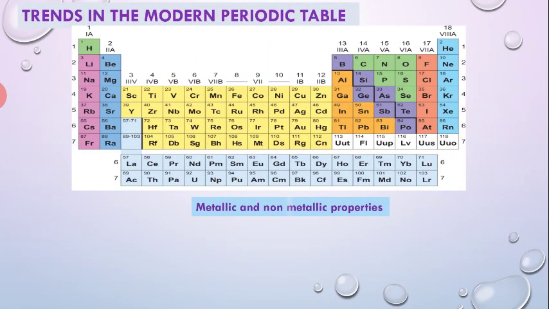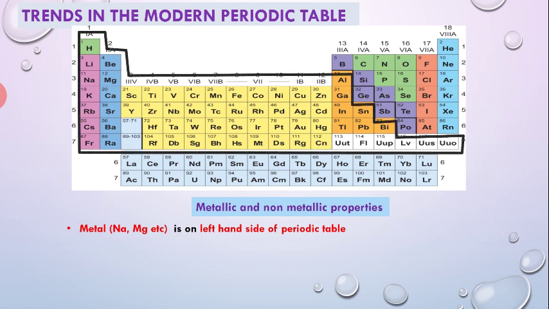What are metallic and non-metallic properties? Metals like sodium, magnesium, etc. are on the left hand side of the periodic table. You can see all these are on the left hand side, and these are the metals, while the non-metals are on the right hand side, like sulfur and chlorine.